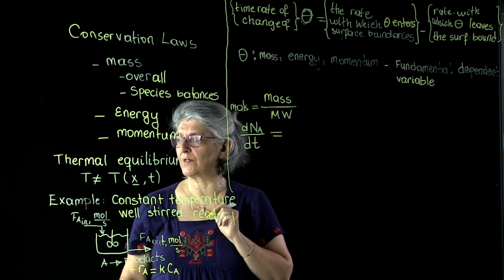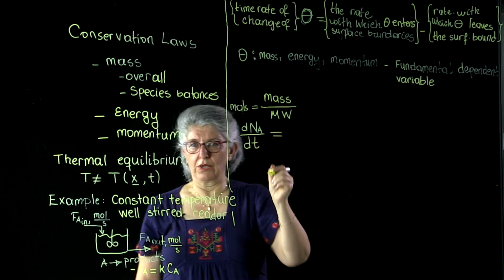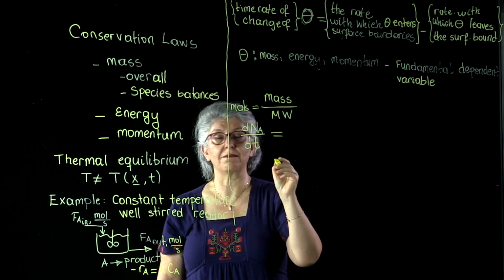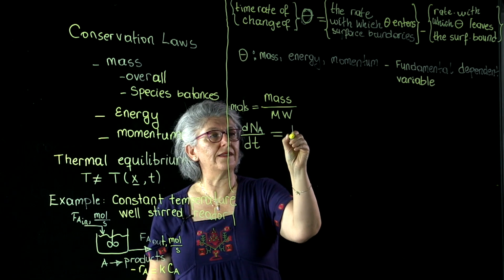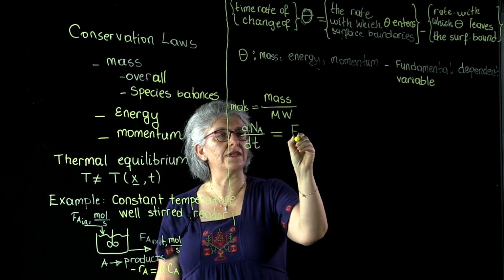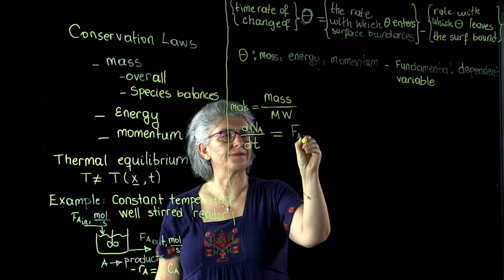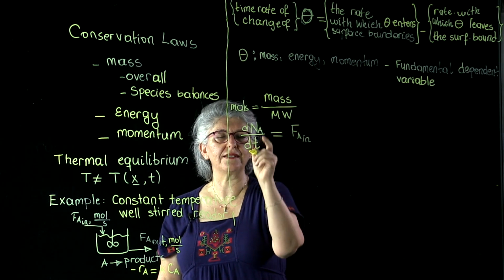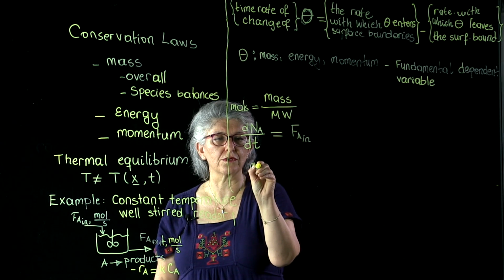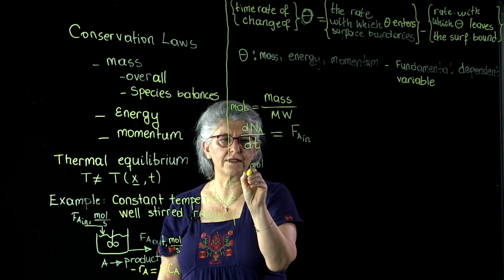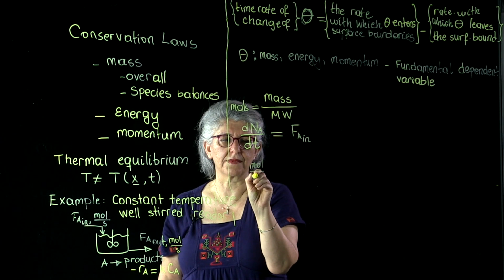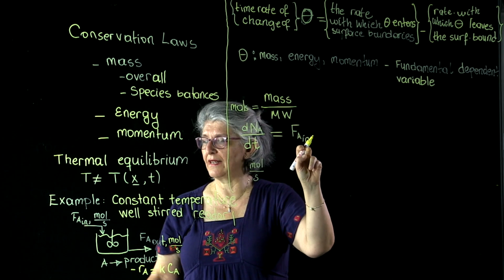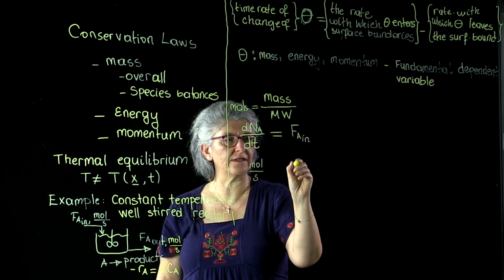The rate at which A crosses the system boundary. Let's check the units. NA is moles, t is time. Let's use second in terms of units. FA in is mole per second.